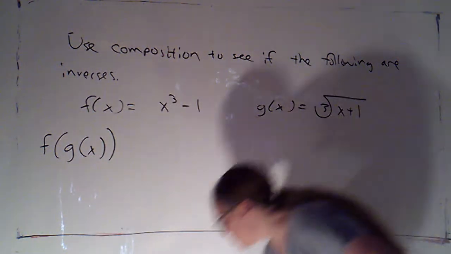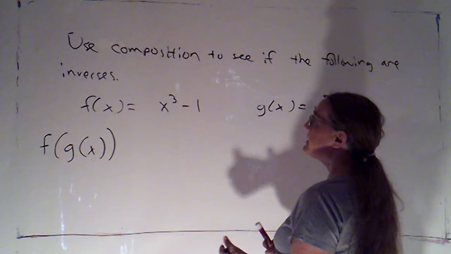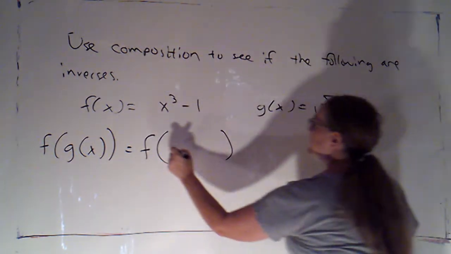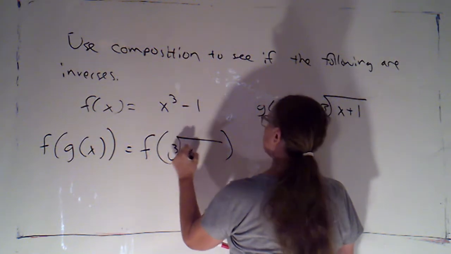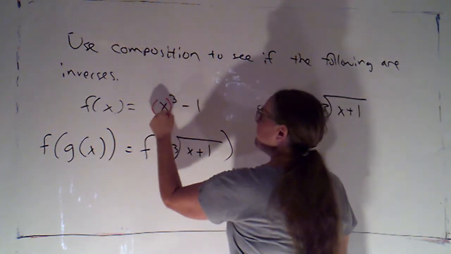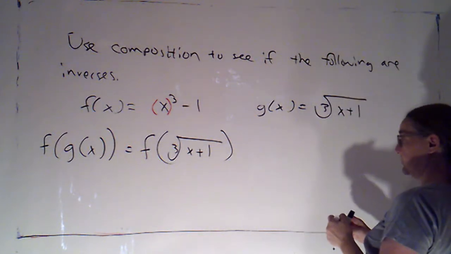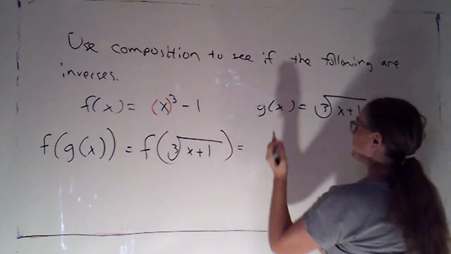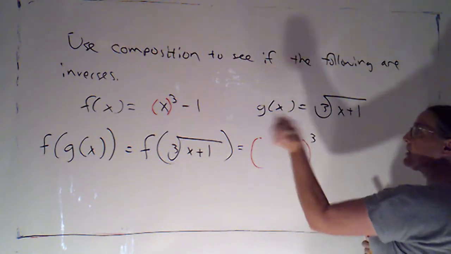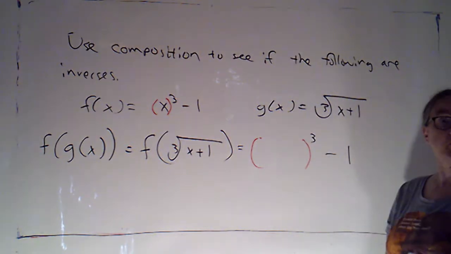F of g of x simply means that I'm taking f and what I'm plugging in is the cube root of x plus 1. Now, in the formula for f, x was just a placeholder for my input. So where that is, I'm going to plug in the cube root of x plus 1. We're going to cube it, and then we'll subtract 1.